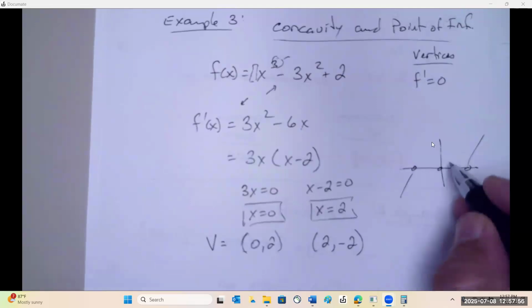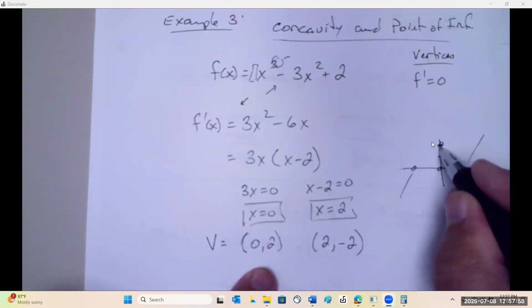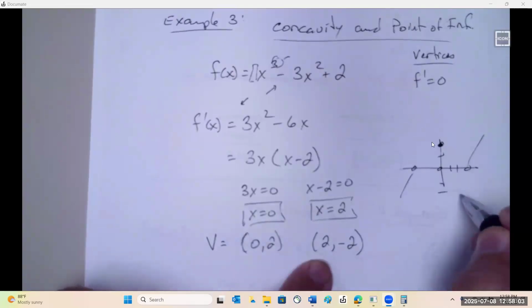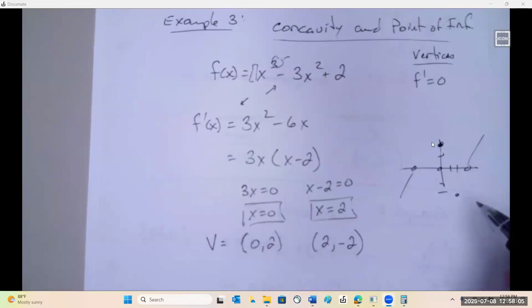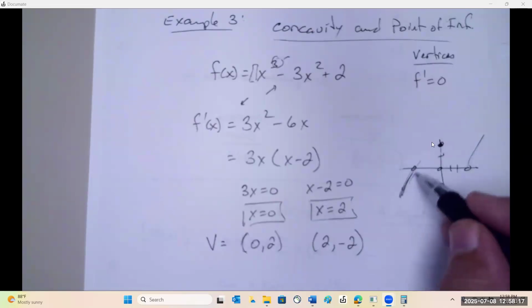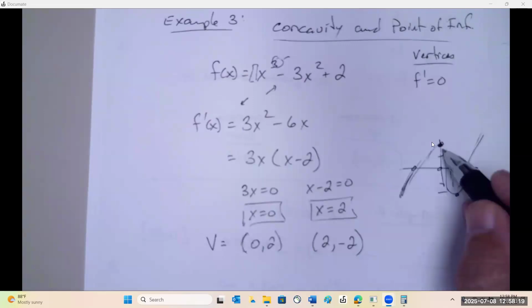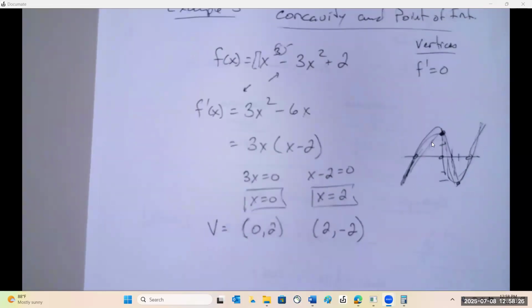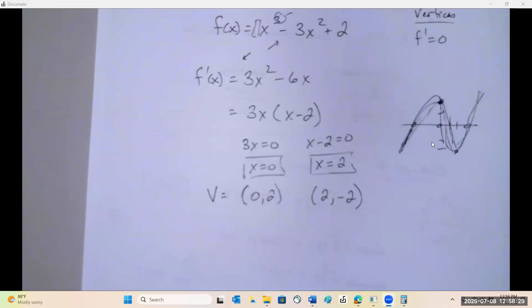We have the vertex at 0, 2, and at 2, negative 2. So my x-intercepts will be somewhere between there. So those are my vertices.